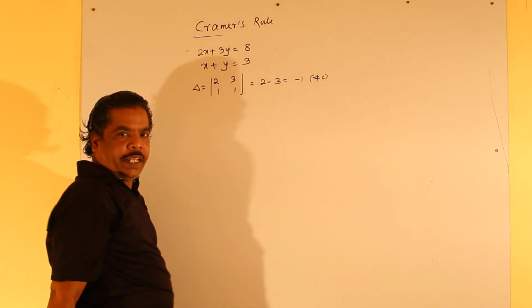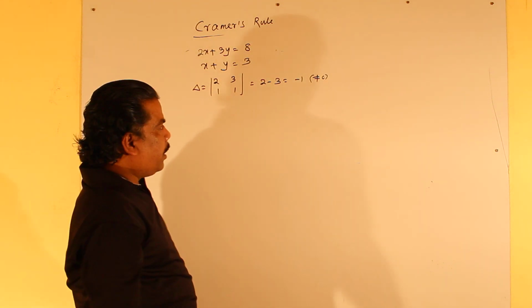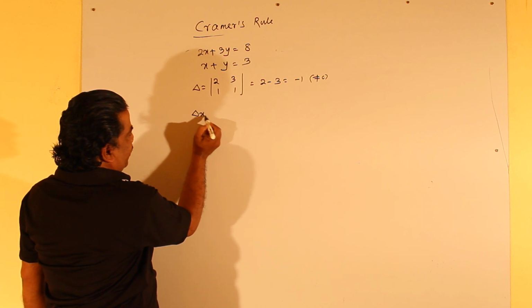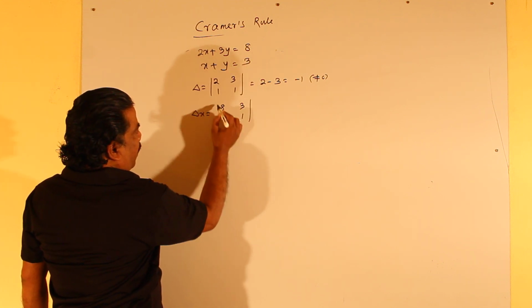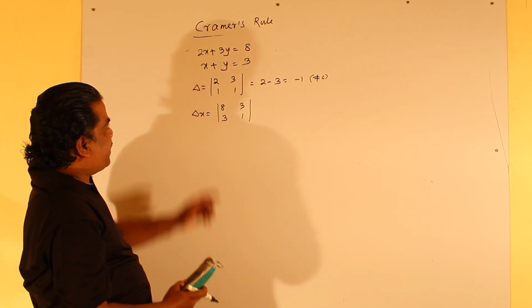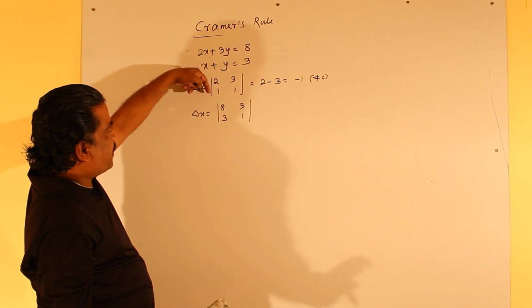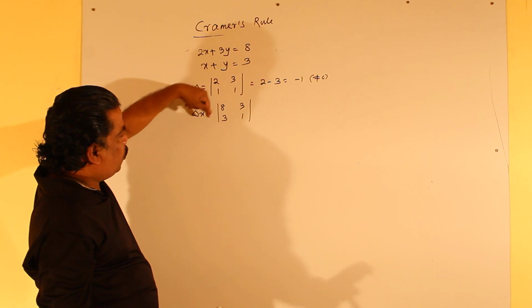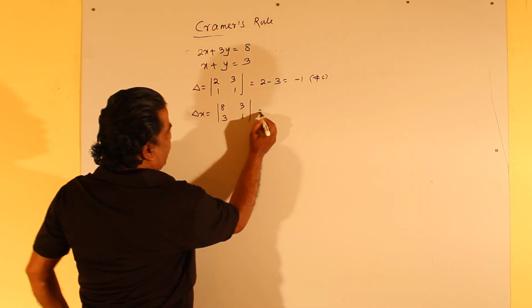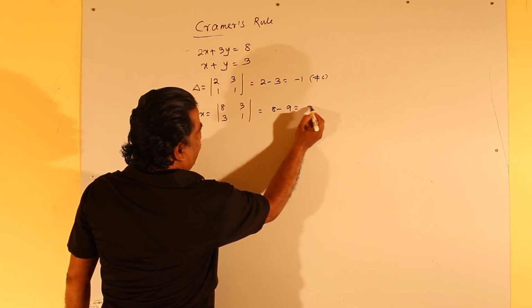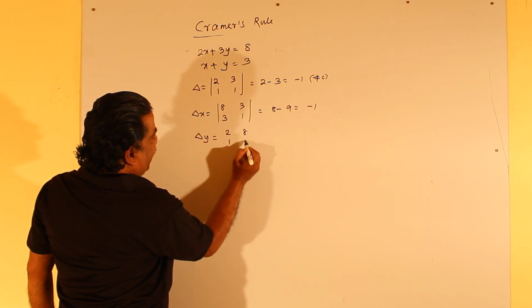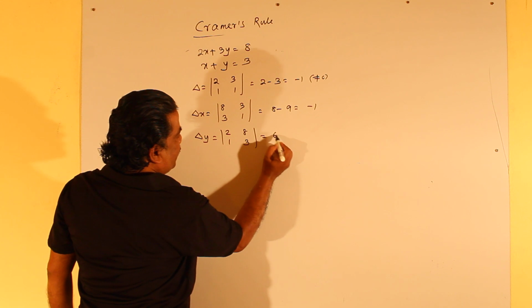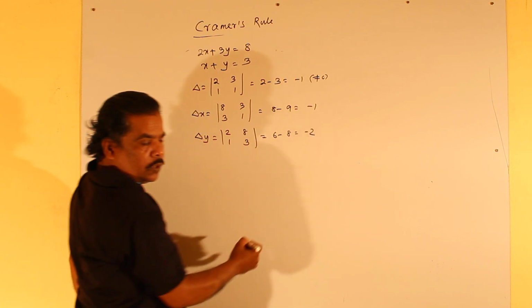So Cramer's rule is applicable. Now delta x is 8, 3, 3, 1. By replacing coefficients of x, delta x is equal to 8 minus 9, minus 1. Delta y is 2, 1, 8, 3, that is equal to 6 minus 8, minus 2.